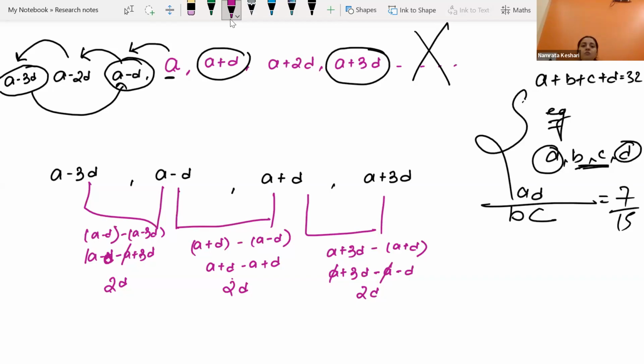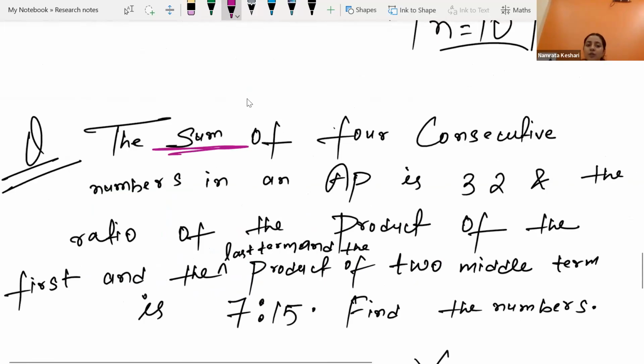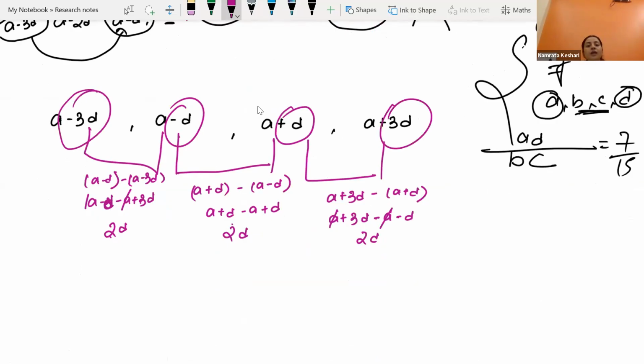So the 4 terms which we have taken are in AP. Why did we take 4 terms like this? Because when we sit down to solve the question and we do the sum, think about it. When we do the sum, you will find that d is gone, the d cancels out, and 3d is gone, and very easily we will be able to take out a value.